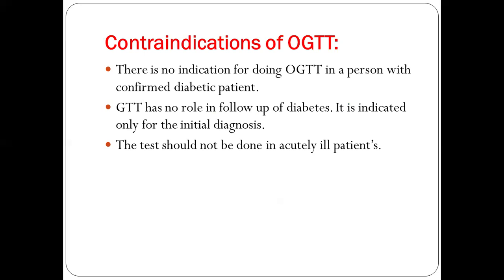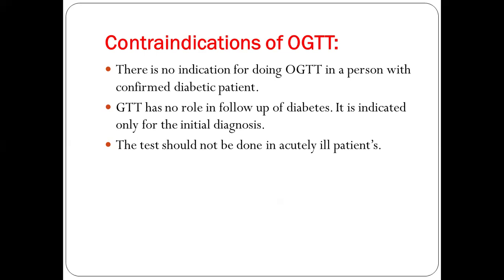They do not need to go for the glucose tolerance test. GTT has no role in follow-up of diabetes. Once confirmed by this test, there is no need to follow up with this test. It is only the initial test for confirmation purposes.